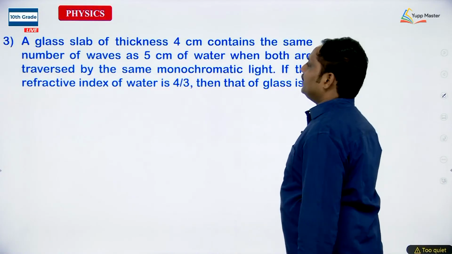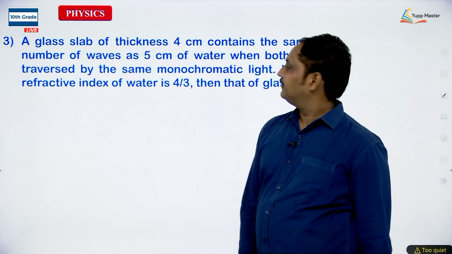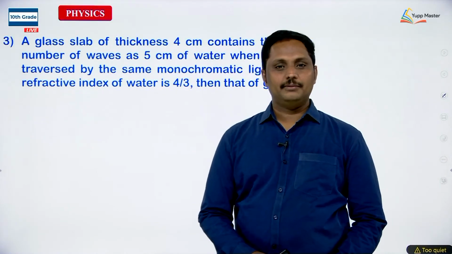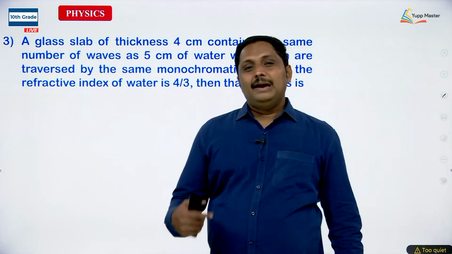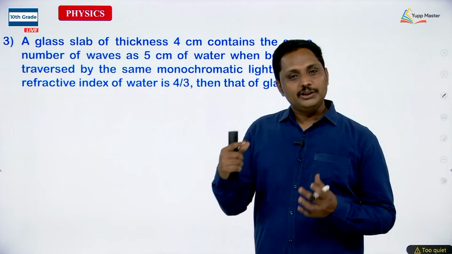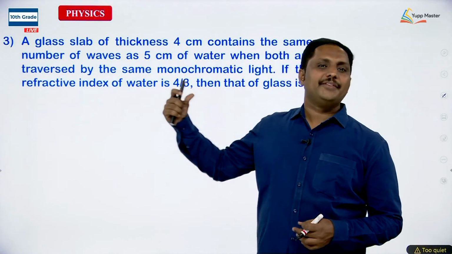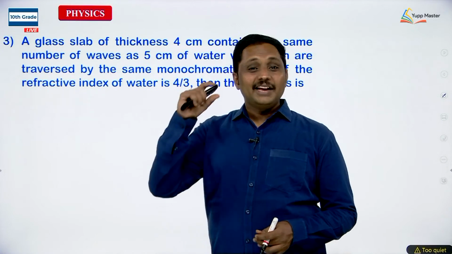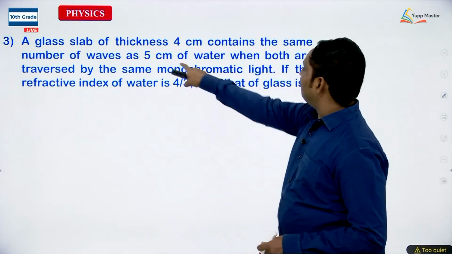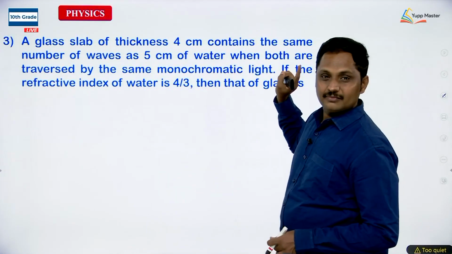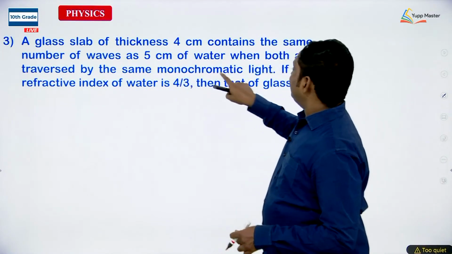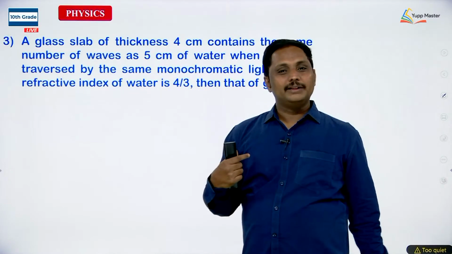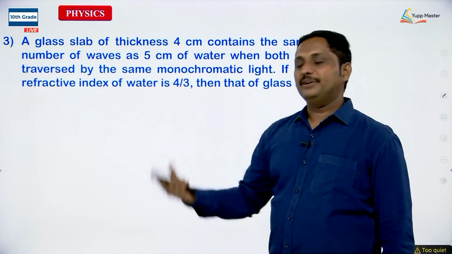Here in this problem, they ask: a glass slab of thickness 4 centimeter, let us assume, allows light to travel from glass to water with the same frequency, and the same monochromatic light travels a distance of 5 centimeter. If the refractive index of water is 4 by 3, then find the refractive index of glass.